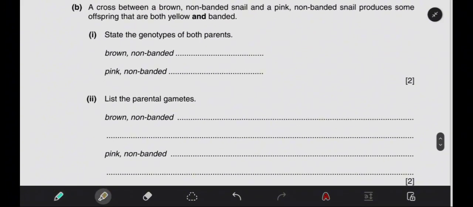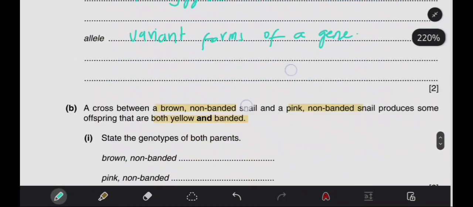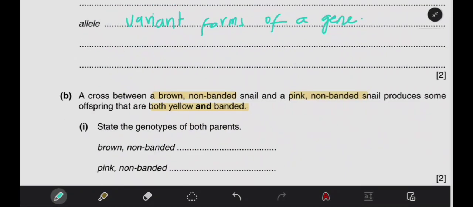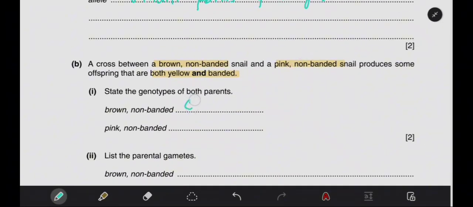A cross between a brown non-banded snail and a pink non-banded snail produces some offspring that are both yellow and banded. State the genotypes of both parents. Brown and non-banded: since they have said that the offspring are both yellow and banded, one allele of the yellow color should be present. So it should be CB, which is dominant over pink and yellow, and one should be CY because of this yellow.